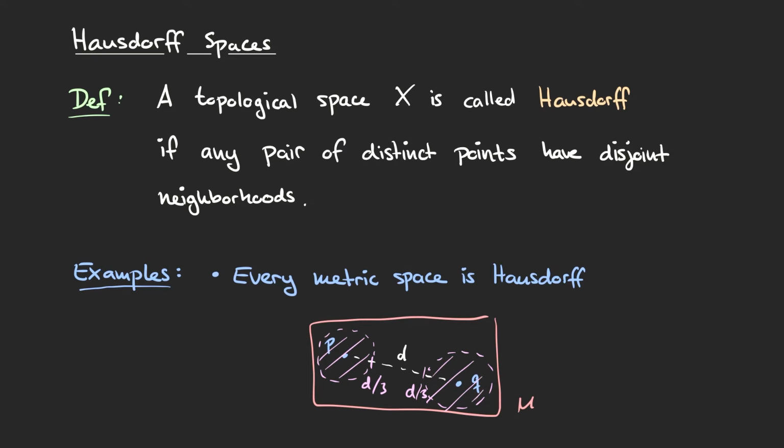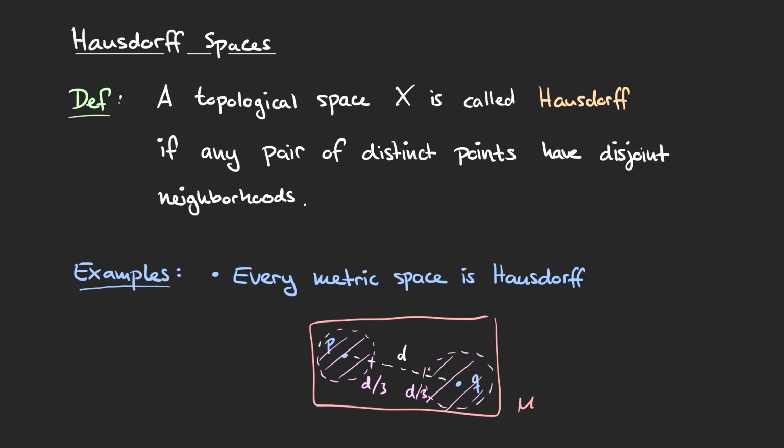To prove that these don't intersect, one would perform a proof by contradiction. So it would assume that some point would lie in the intersection. Well, then this point would have to have distance from P strictly less than d/3 and a distance from Q strictly less than d/3. However, these two facts would then contradict the triangle inequality, because the distance between P and Q is d, which is strictly greater than d/3 plus d/3.